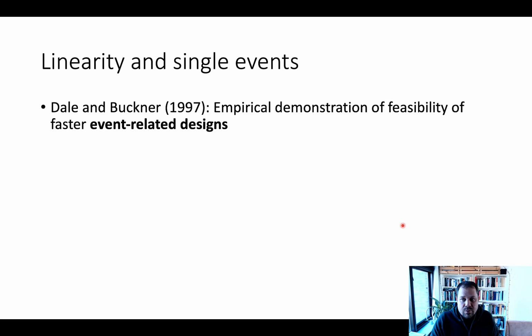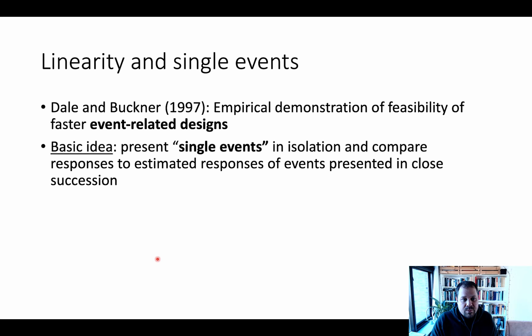Now, linearity has been studied in an interesting study by Dale and Buckner in '97. This dates back to the late 90s. Their study demonstrated that it's feasible to do faster event-related designs. Here's what they did.